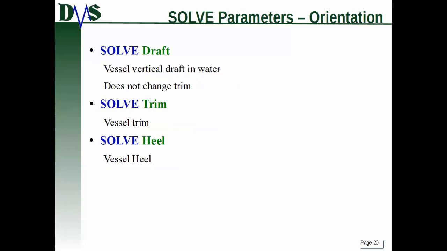What parameters can you solve for to change the orientation of the vessel? You can solve for draft, which changes the vertical draft in the water but does not change the trim. Then you can solve for trim, which changes the trim, and solve for heel, which changes the heel. So the keywords are draft, trim, heel.